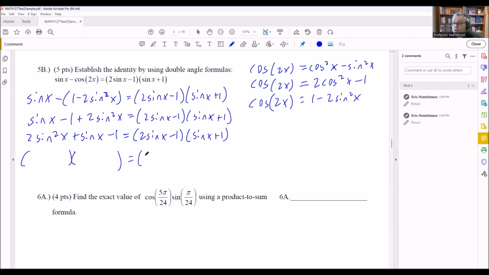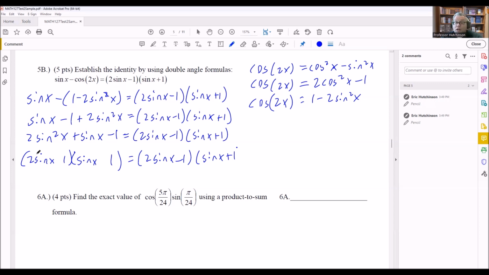So we should get this, and then we'll have both sides equal. Let's just check to make sure that that would work. In order to get the 2 sine squared, I would need a 2 sine x here and a sine x. On the end, there's a 1, so there's only 2 factors of 1 that I could use there.